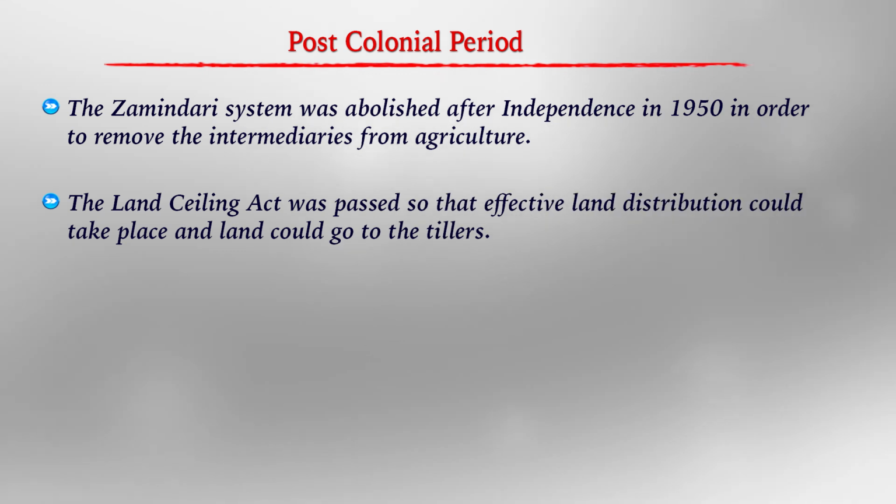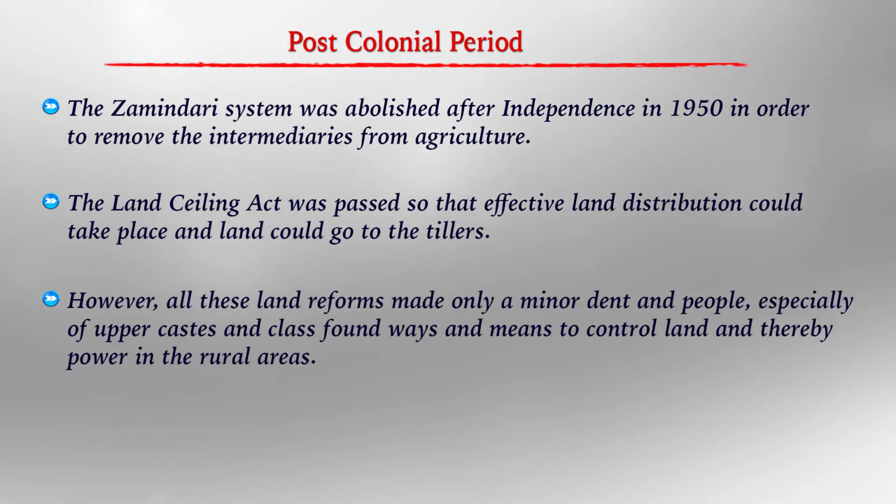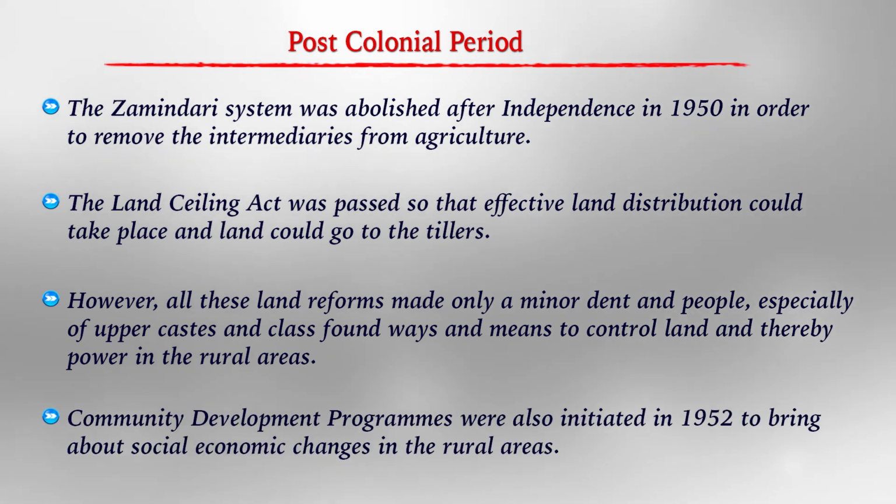There was an effective land distribution policy that was adopted. A number of land reforms were introduced to help the people from the lower classes to gain and to empower them. A number of community development programs were also initiated by the government to bring about socio-economic changes in rural areas.